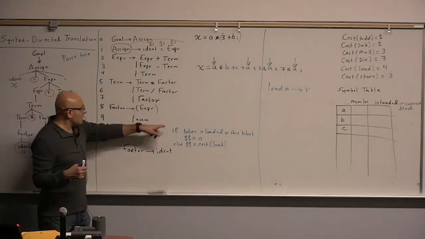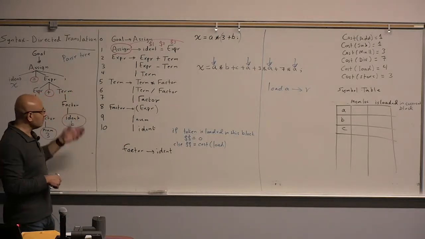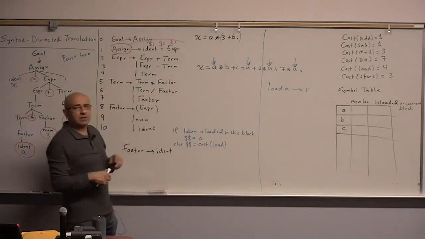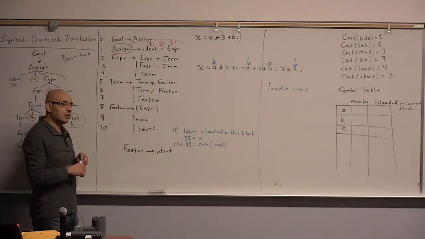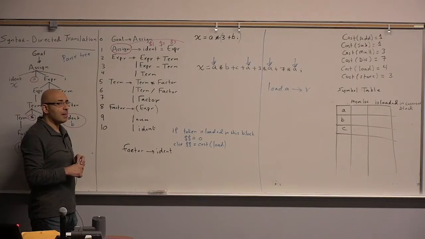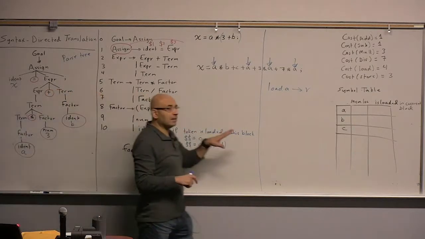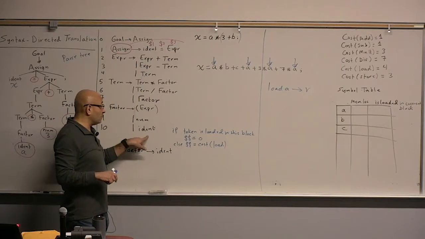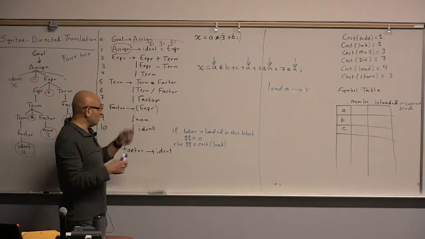Now for this number, what's the corresponding operation for a number? Conversion? Make a number? Well, no, we're not building the tree here. So for a number, we can do a load immediate.